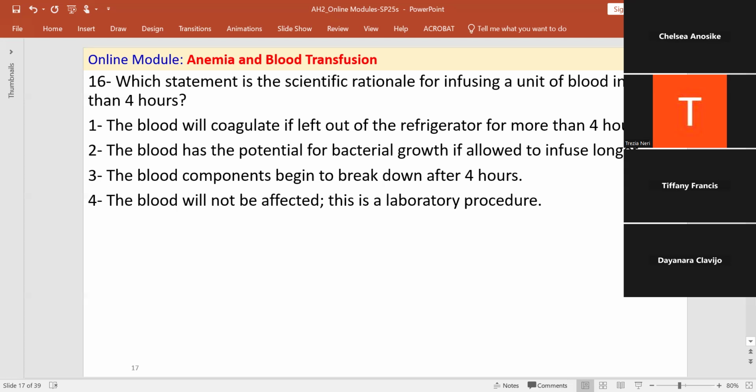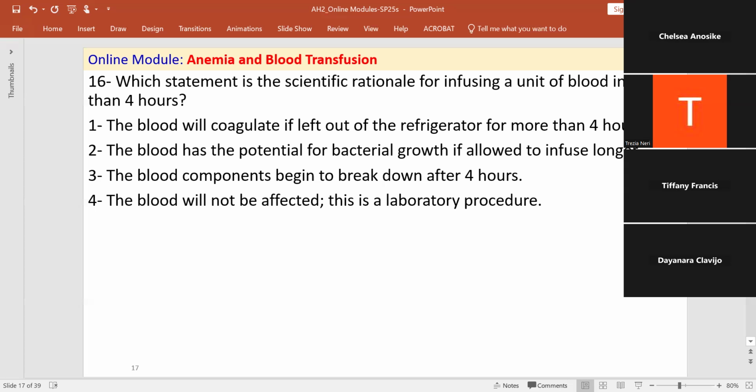The blood will coagulate if left out for an extended period, but the blood is stored with preservatives like citrate, for example, that prevent coagulation and prolong the life expectancy of the blood, even outside of the fridge.